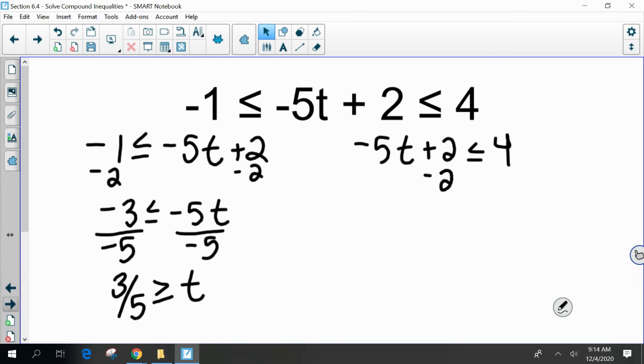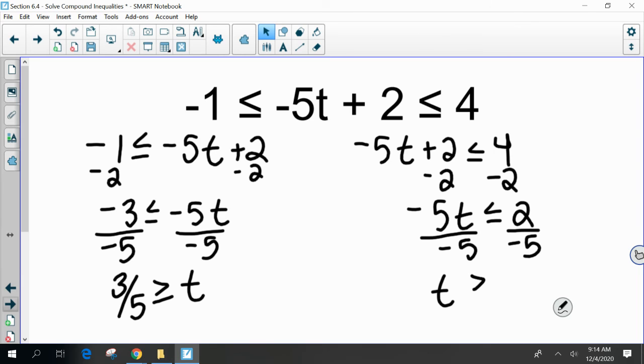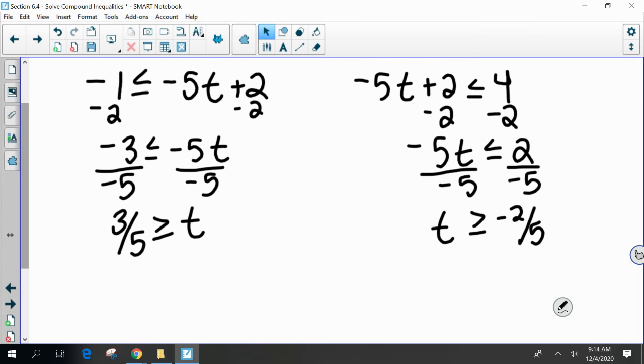So I'm going to do the same thing over here. And divide by -5. So t is greater than or equal to -2/5. Okay, so then I need to combine it back together. So which number goes first?